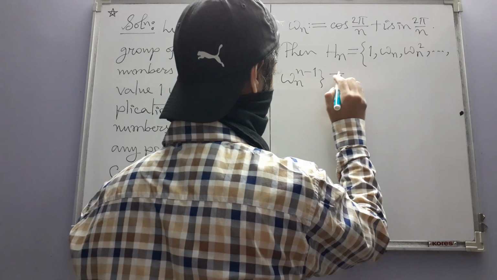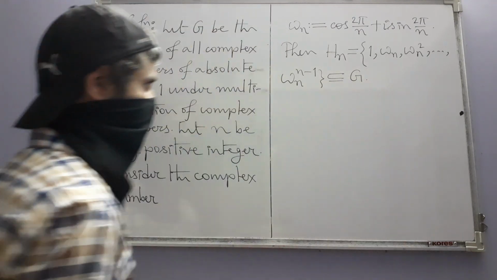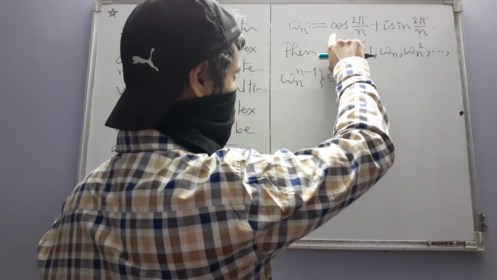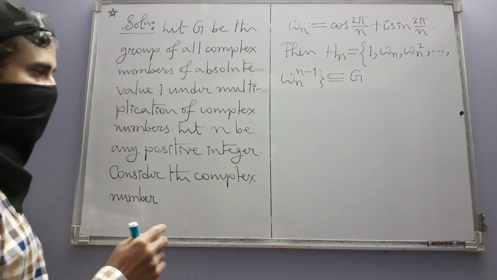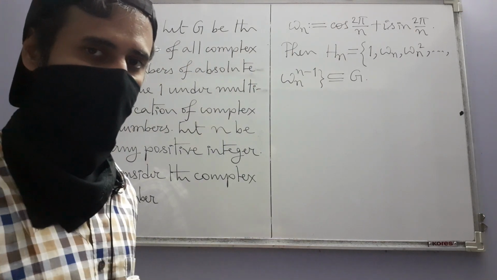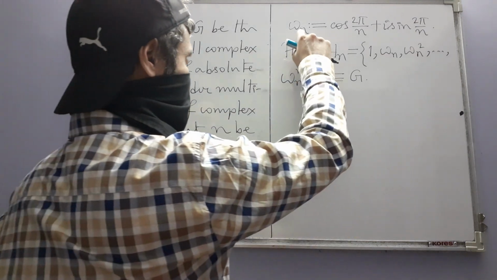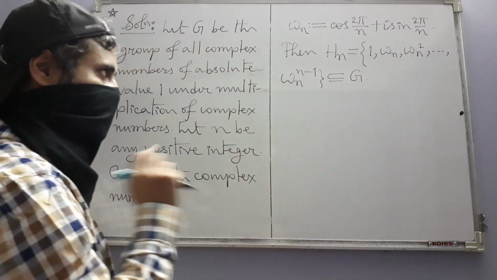This set is a subset of G. We already know simply from the form of this complex number and the fact that cos square theta plus sin square theta is equal to 1 for any real number theta, that omega n has absolute value 1.